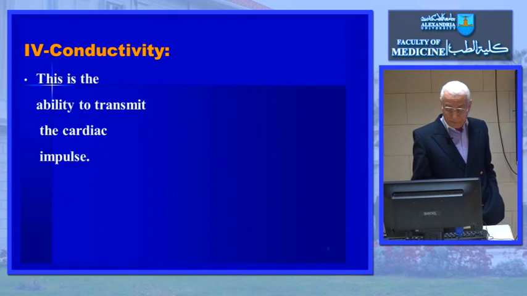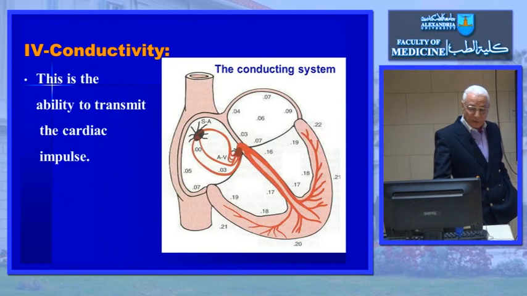We know the conducting system of the heart: the impulse is generated from the SA node and then conducted from the SA node to the AV node through what is known as the internodal fibers, 3 internodal fibers, then to the AV bundle, going to the interventricular septum, where the bundle divides into 2 branches, right and left, descending in the interventricular septum to the apex of the heart, and then reflected back on both sides of the ventricle.